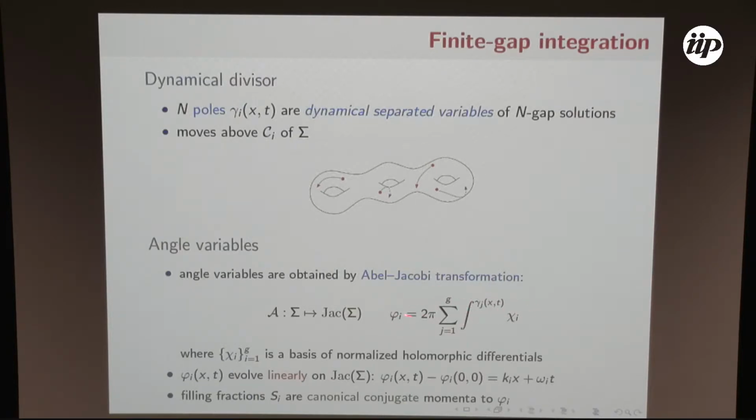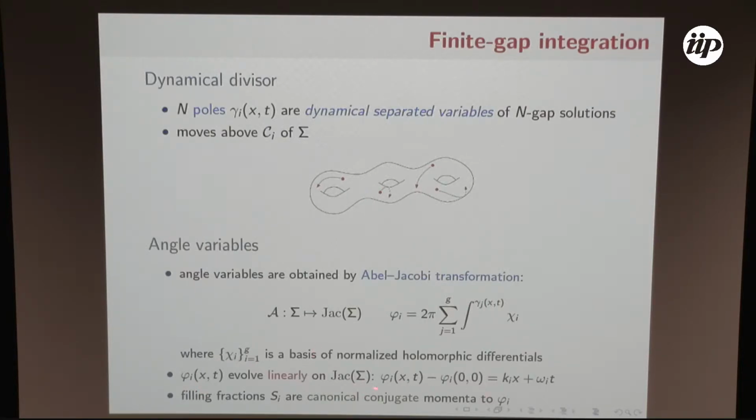You find a new set of variables, and now these variables are basically the angle variables of a particular solution. So in particular, with this mapping, you map your evolution from the surface to what is called the Jacobian. The Jacobian is topologically a hypertorus, and these variables basically represent the winding around this hypertorus.